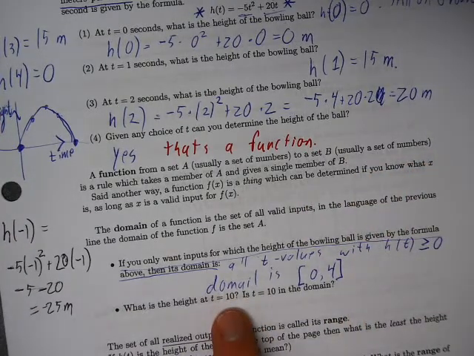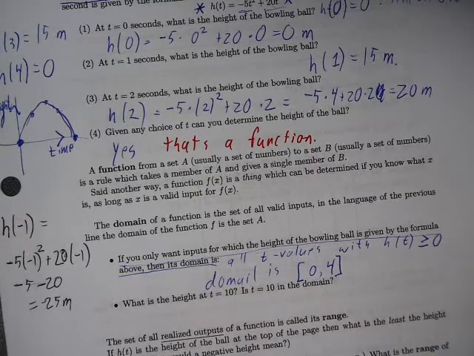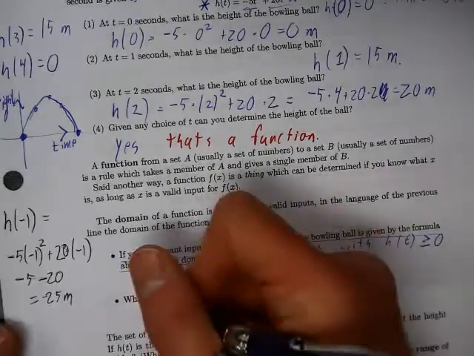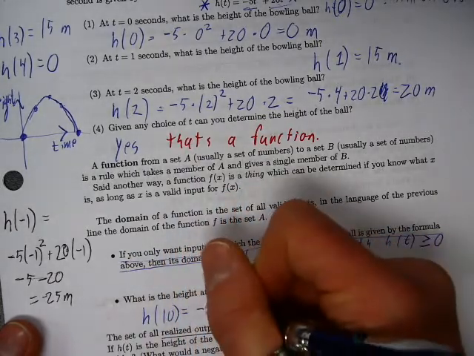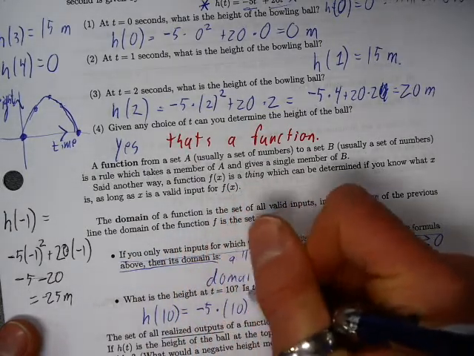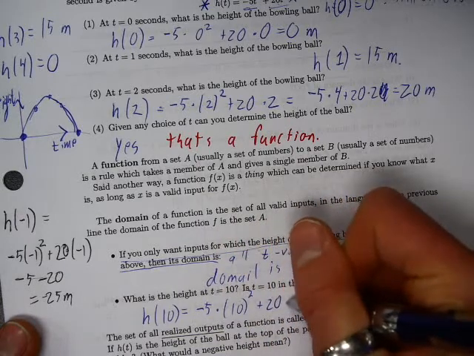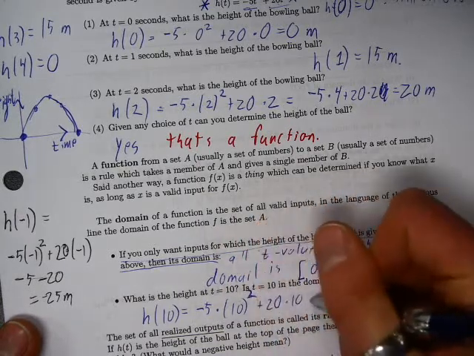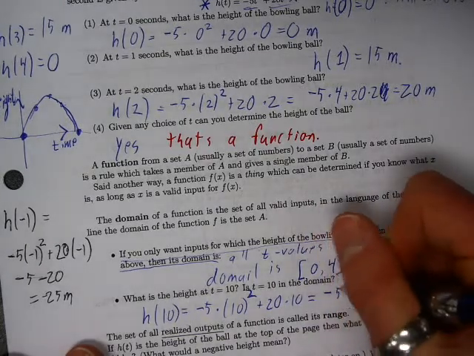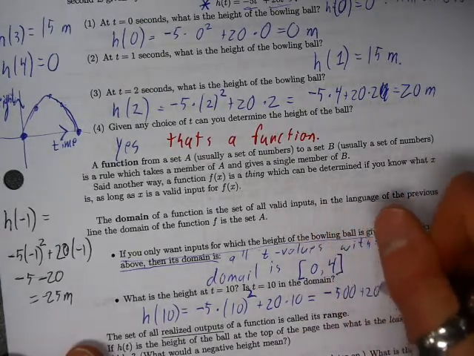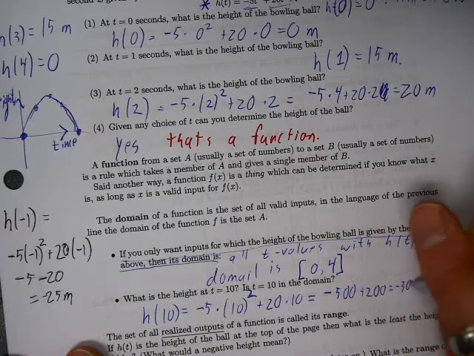And let's see what happens when we try to plug in t equals 10. Somehow you already know what's going to happen. We try to plug in 10. We'll get -5 times 10 squared plus 20 times 10. Let's see, 10 squared is 100. So that'll be -500 plus 200. That's -300 meters.